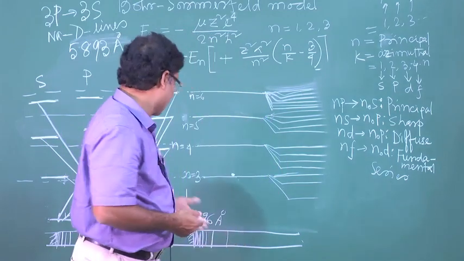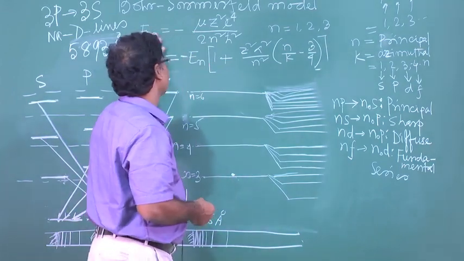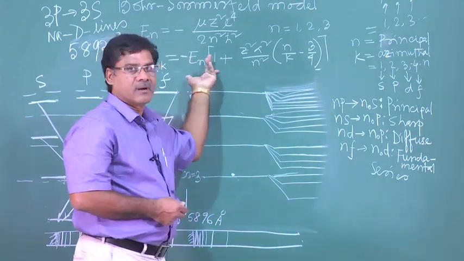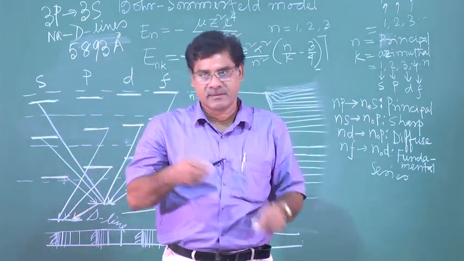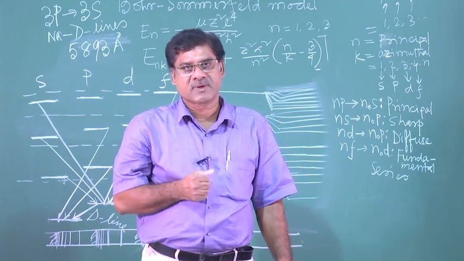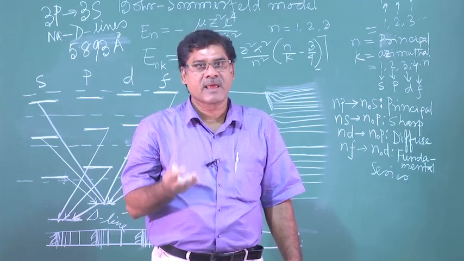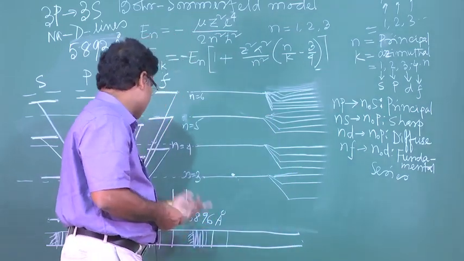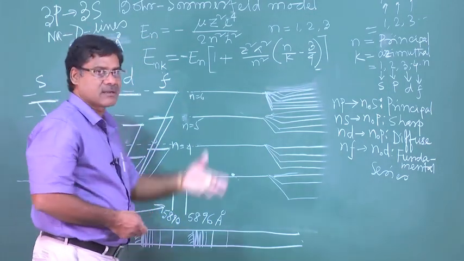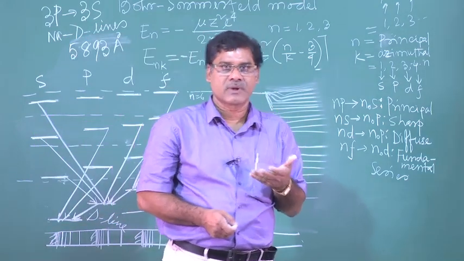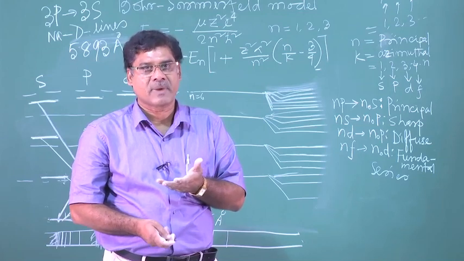But what is the origin of the two lines? That cannot be explained from this Bohr-Sommerfeld energy expression. So this is one indication that, although we are now getting more lines, it is still not sufficient. It cannot explain the origin of these D1 and D2 lines. It cannot explain the fine structure of the hydrogen H alpha line, how it is composed of 5 lines.